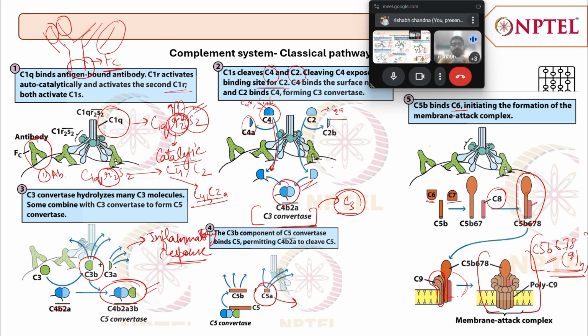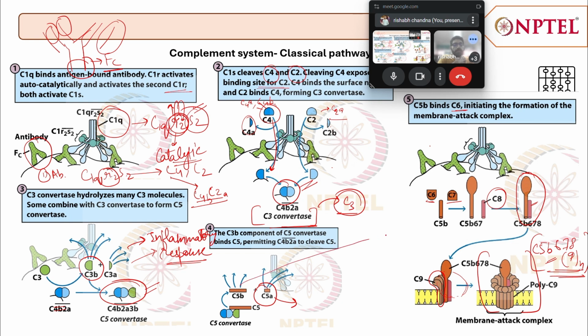C3 convertase cleaves C3, that leads to the formation of C5 convertase, that is attaching C4b, C2a and C3b, and C3a leads to the recruitment of the phagocytes. Then C5 convertase cleaves C5 into C5b and C5a.